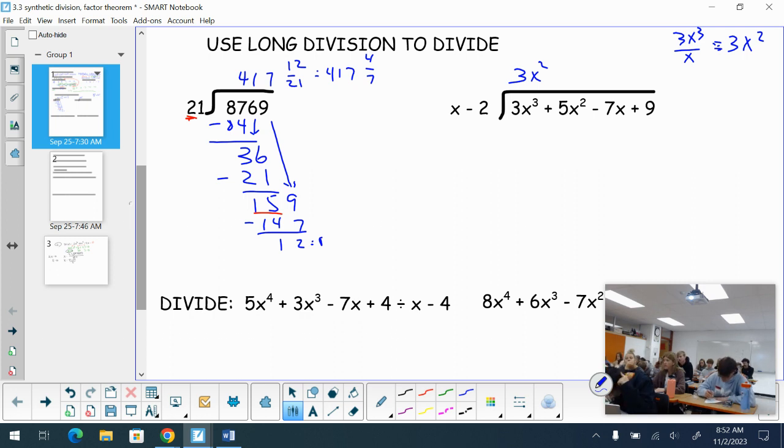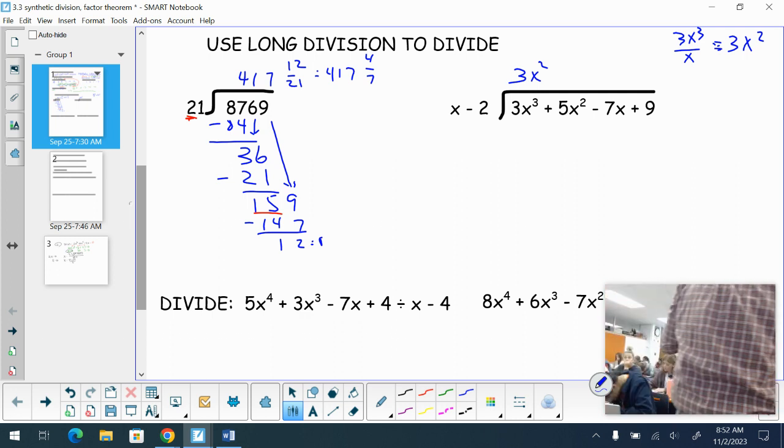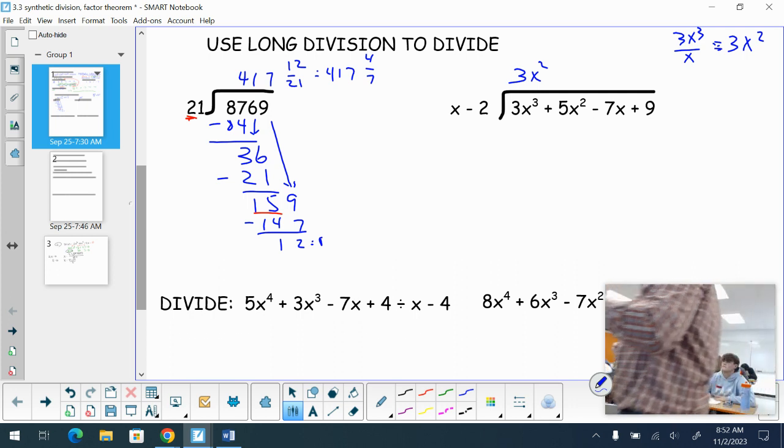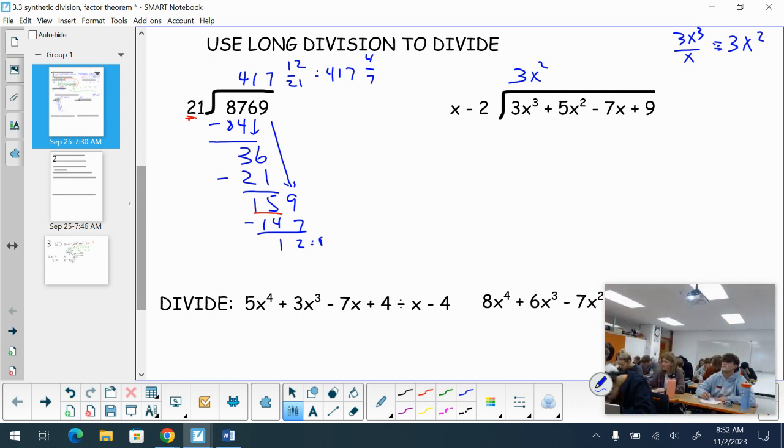So go ahead, multiply this to both of our terms. We have the 3x squared going times the x and times the negative 2. Then subtract.